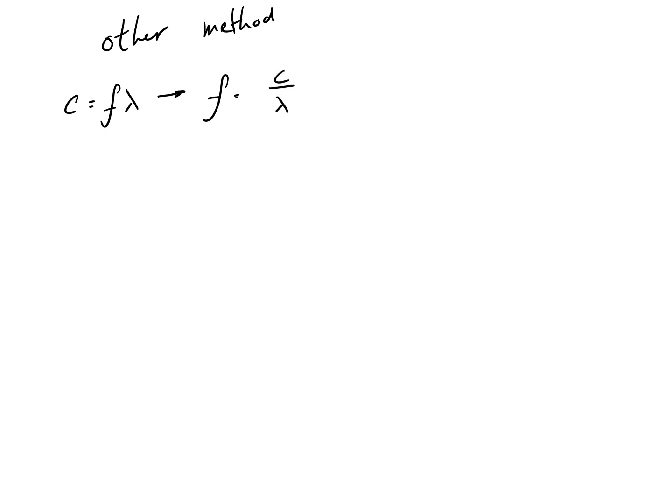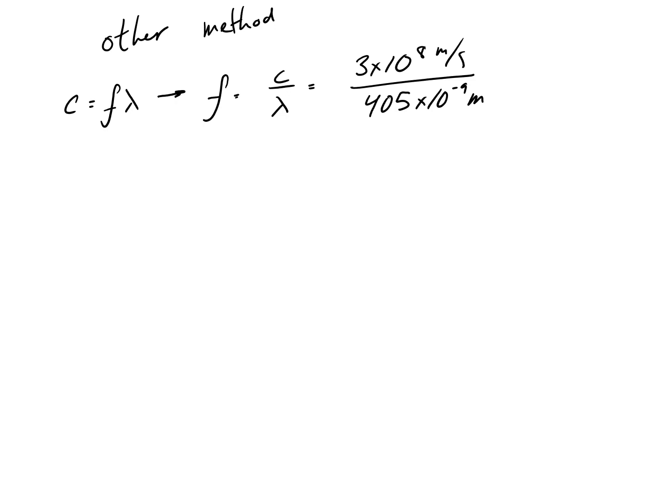So we're going to have speed of light divided by wavelength. So we'll have 3 times 10 to the 8 meters per second. Here's where we need to make sure that we have our value in meters for wavelength, because our speed of light is in meters per second. If you want to turn it into nanometers per second, you're welcome to do so.